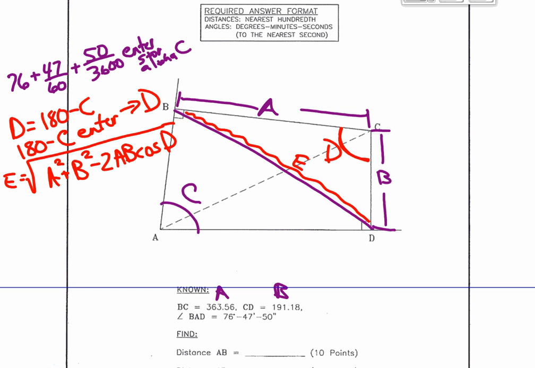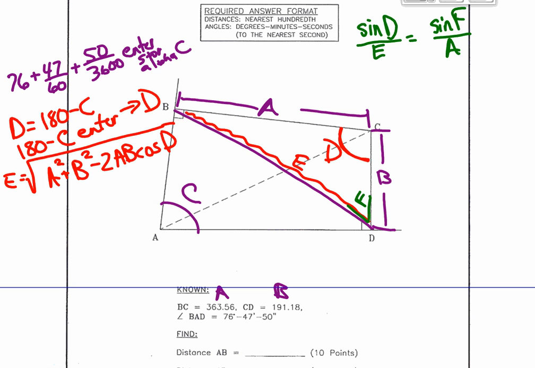And then maybe I'll change to another color. Then I think once I get that, I can go to the law of sines, and I'm going to call this angle right here angle F. And when I use the law of sines to do that, I'm going to say the sine of angle D over side E. So the sine of capital D over side E is equal to the sine of capital F over capital A, those stored things.